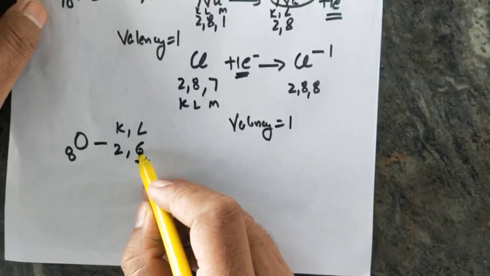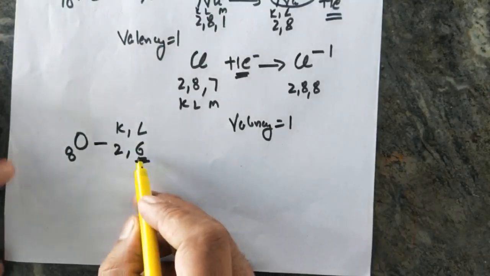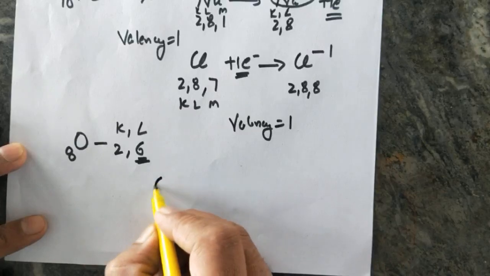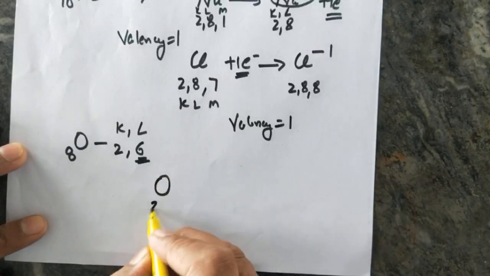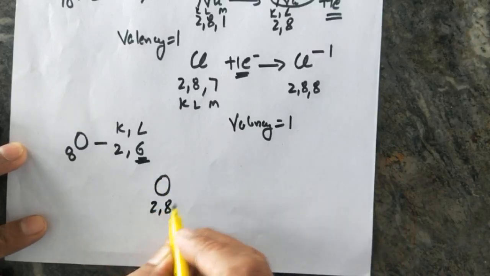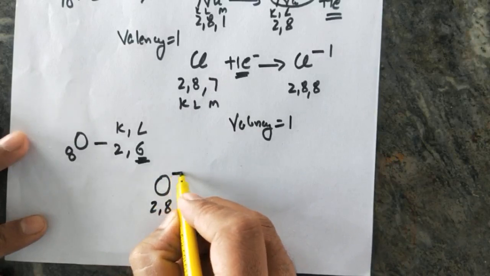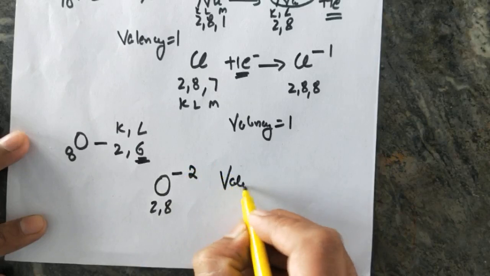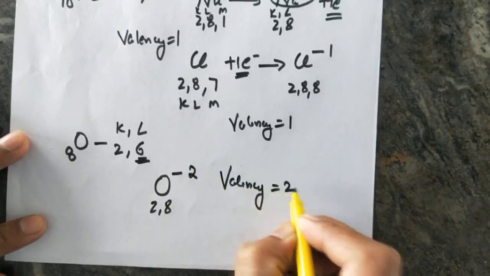Gaining is easier than losing 6 electrons. So oxygen will gain 2 more electrons to acquire the 2, 8 configuration, and because it has gained 2 electrons, the charge will be negative and the valency will be 2. So the valency of oxygen is 2.